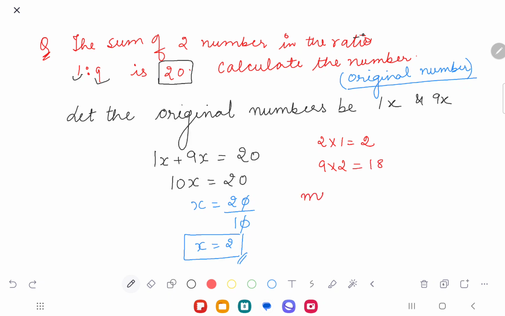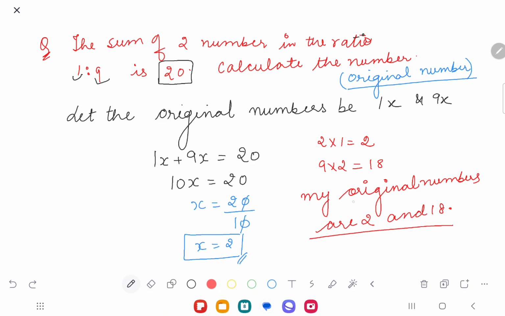So my original numbers are 2 and 18. Are you understanding, Adam? Any doubts in this? No. Okay.